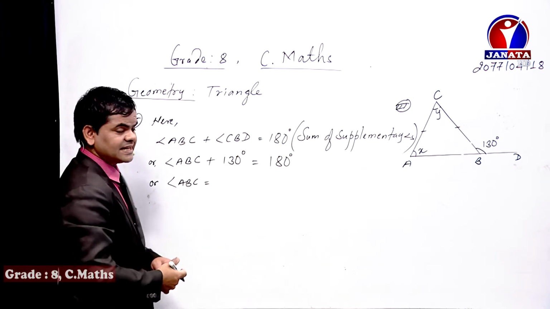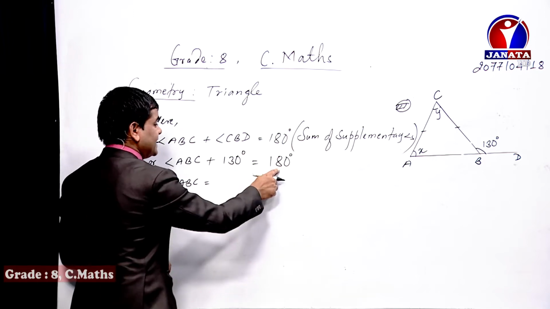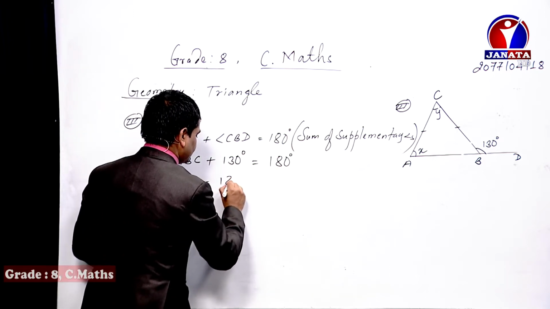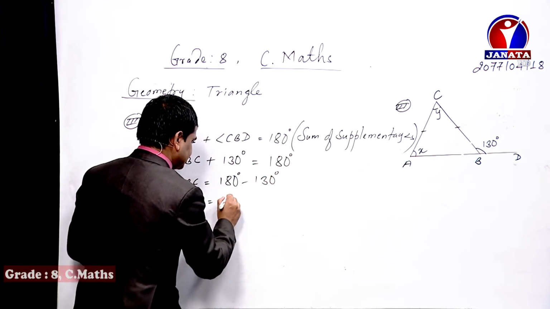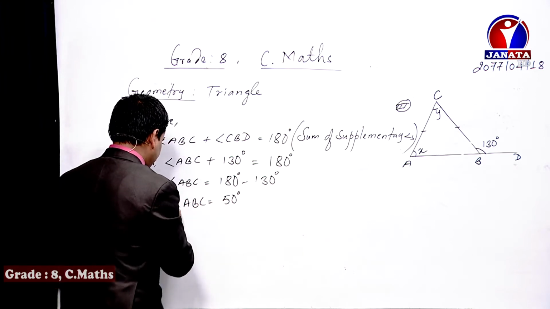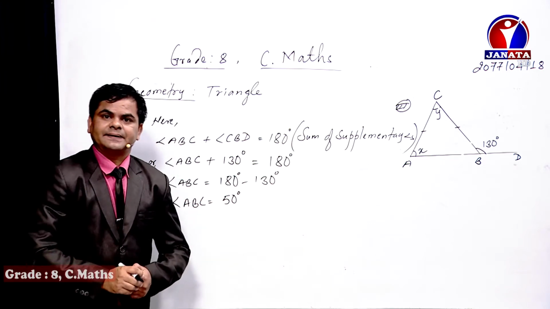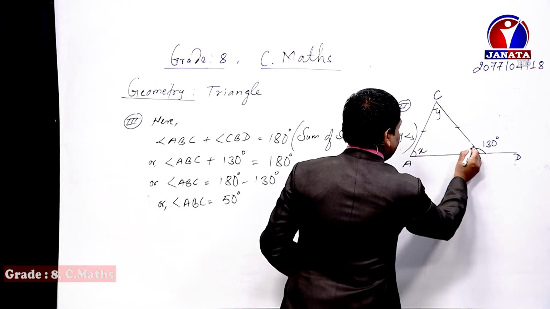By taking that side, it will be minus. It came as 50 degree. So we got the value of angle ABC as 50 degree. Now we found the value of this angle.